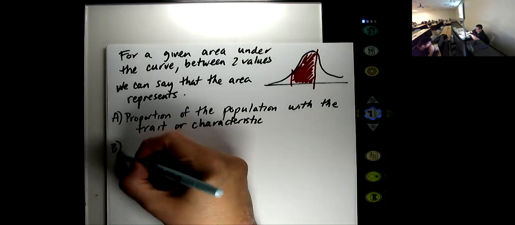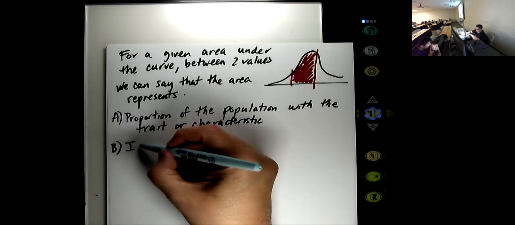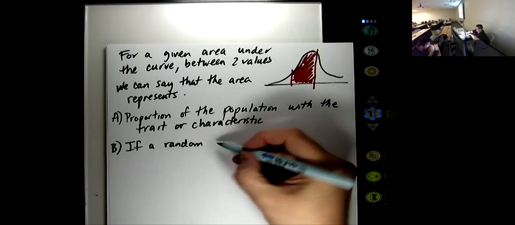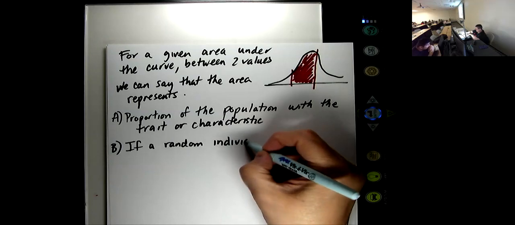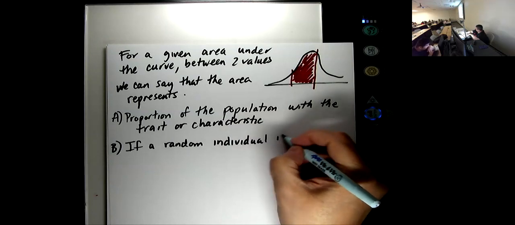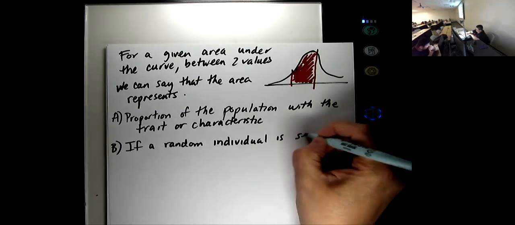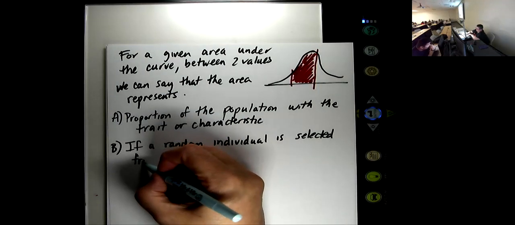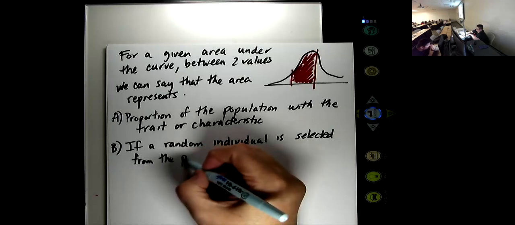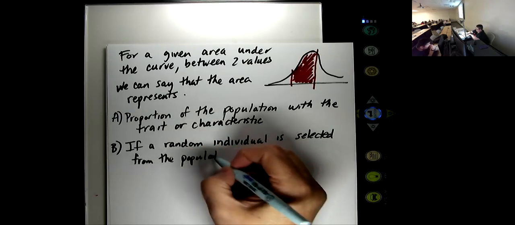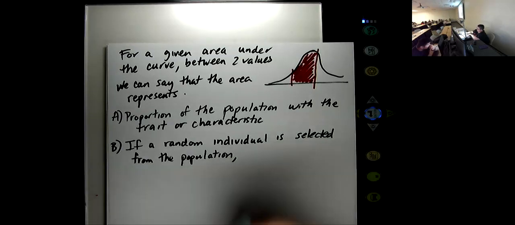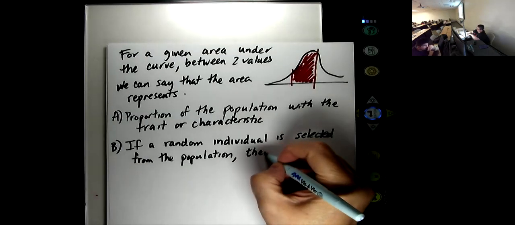And the other way to look at it is if a random individual is selected from the population, then it's the probability that they have the trait.